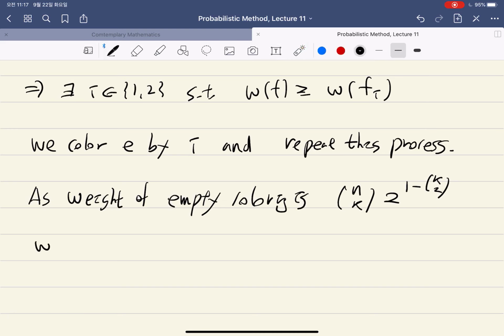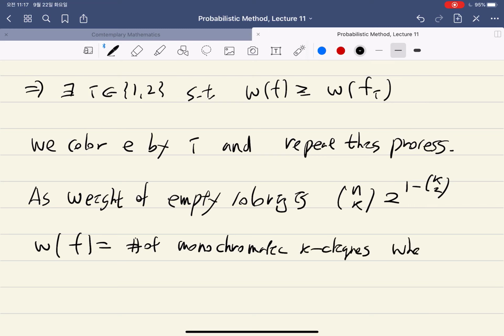So in that case, it just counts the number of monochromatic K-cliques. So the weight of F is the number of monochromatic K-cliques when F is a coloring, not a partial coloring, but a full coloring of the edges of Kn.